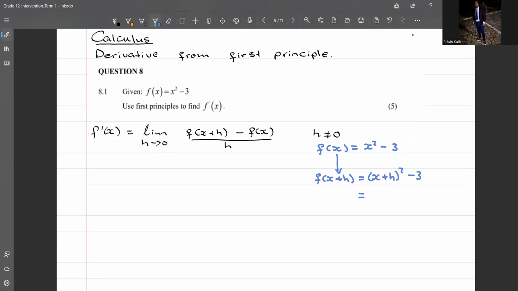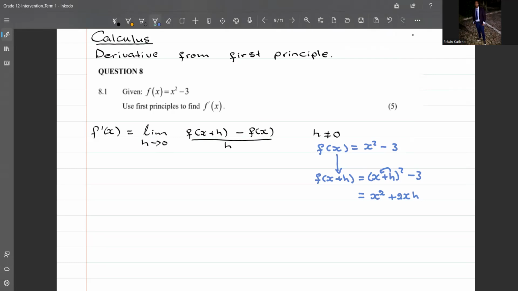So here you would distribute; remember this is a square binomial. When you square a binomial, you square the first term, which is x squared, multiply x and h, and then multiply the answer by 2. So x times h is xh, times 2, you get 2xh.